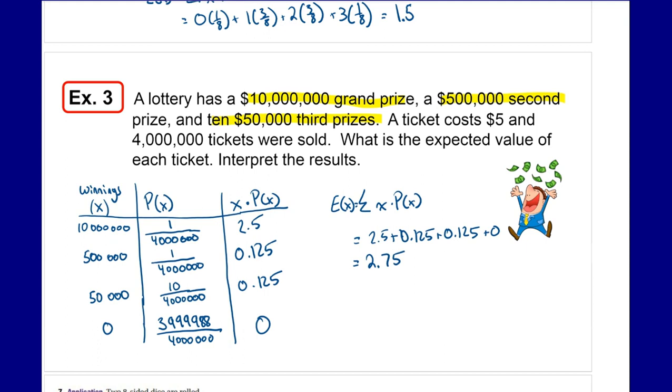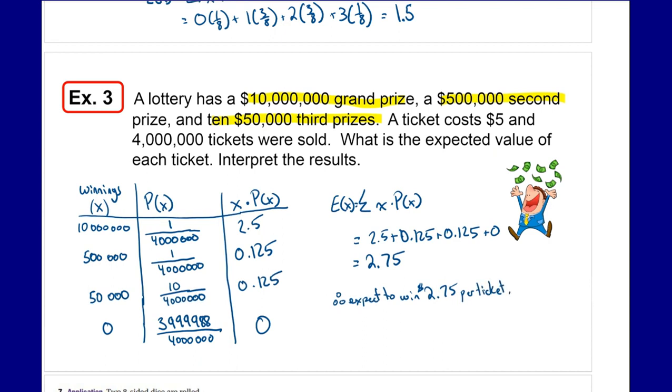So that means that the expected value, or the expected amount that we would expect to win per ticket, is $2.75. So expect to win $2.75 per ticket.